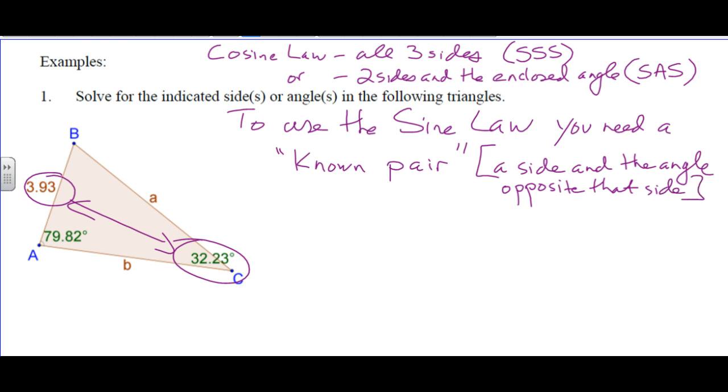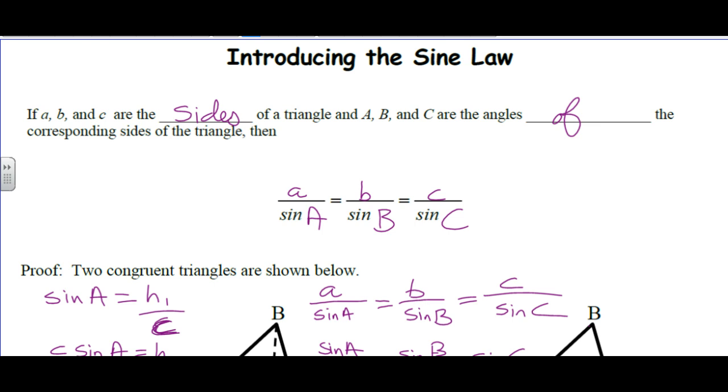Okay, and the reason is, I'll come back to that in a sec, but the reason is, when you're doing this, if I know this, and I know this, and I know this, then I can solve for this, right? I have 3 out of 4 things, I can solve for the fourth. If I know this, and I know this, and I know this, I don't have a known pair.